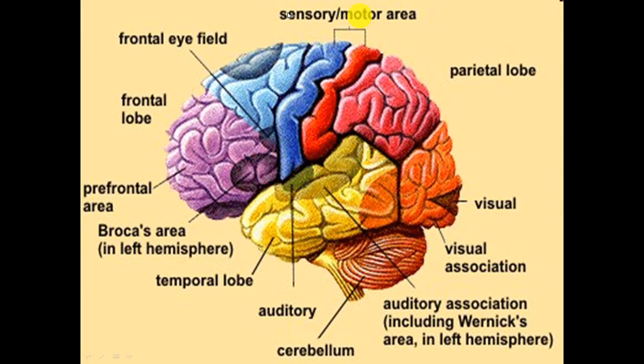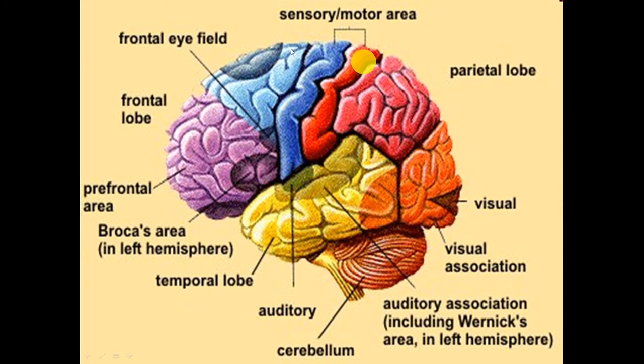So it controls your body. It controls your skeletal muscles. So what happens is you're going to send a signal from your precentral gyrus down to your body to move your skeletal muscles. That's what the precentral gyrus does. In contrast to that, this red gyrus is called the postcentral gyrus.